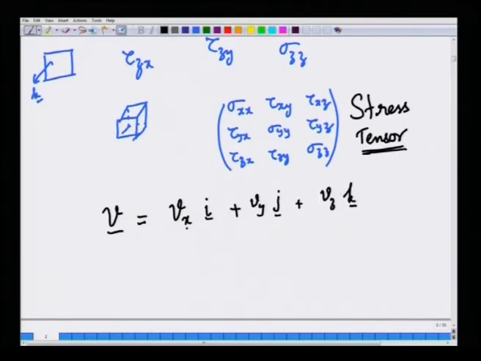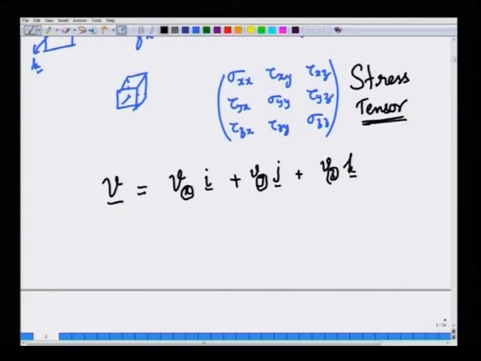You need only one subscript to denote the direction of the components in which the velocity is pointing. Velocity is a vector, and has only one physical direction associated with it, namely the direction of the velocity itself. But if you consider something like a stress, which is denoted with two underlines to denote that it is something higher than a vector, it is actually a tensor because it has 2 physical directions associated with it.